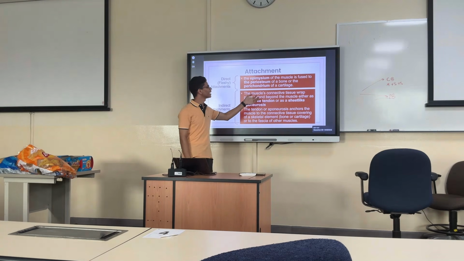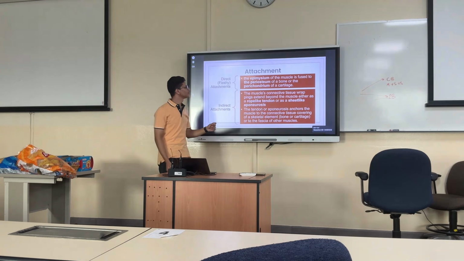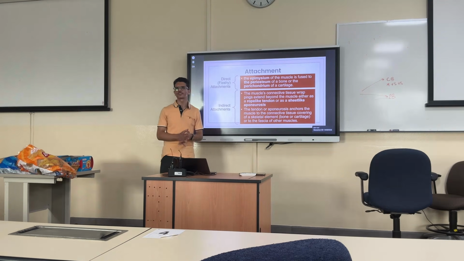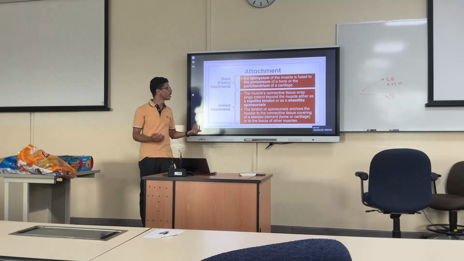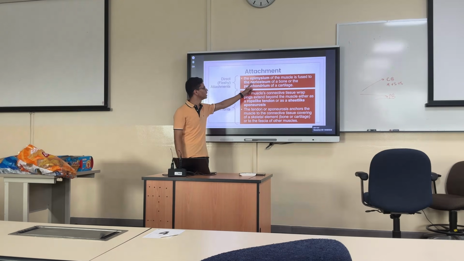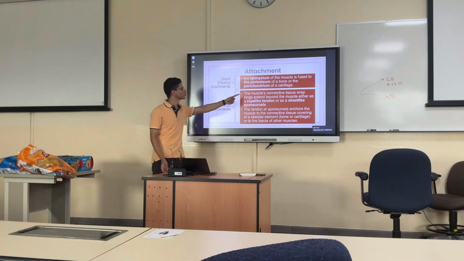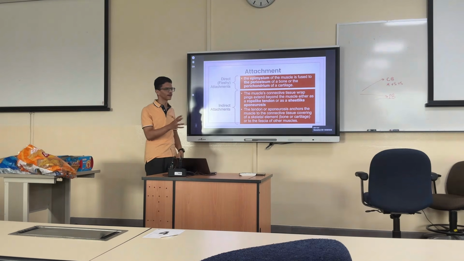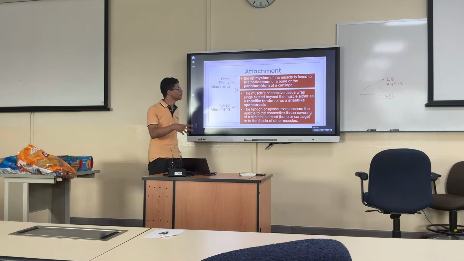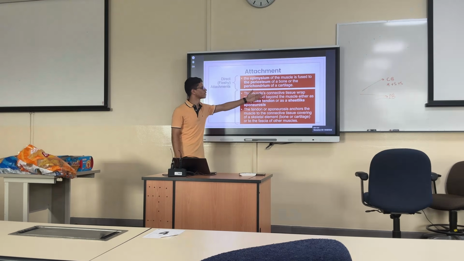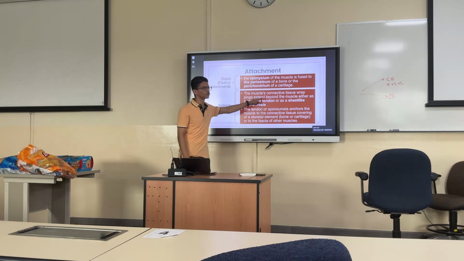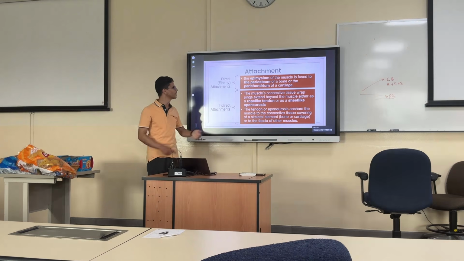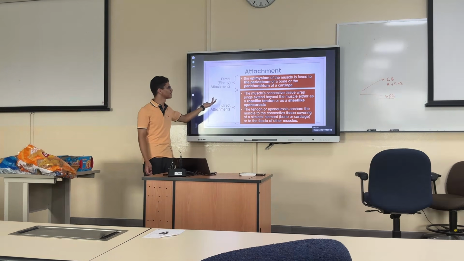Like the muscle, bones and cartilage also have an outer layer. For the bone, it's called periosteum, and for the cartilage, it's perichondrium. So it's the exact same idea as the epimysium, but for bone or cartilage. So when they are directly attached without any special structure in the middle, it's direct attachment.